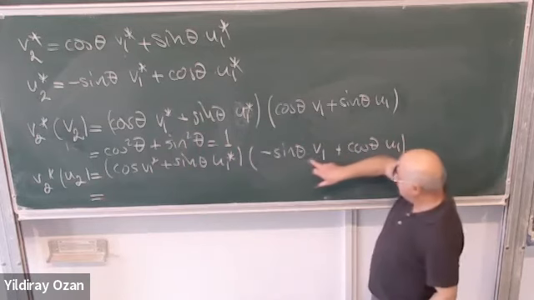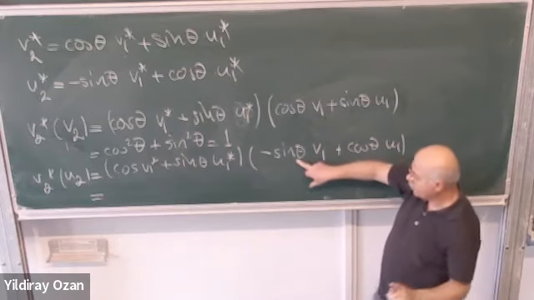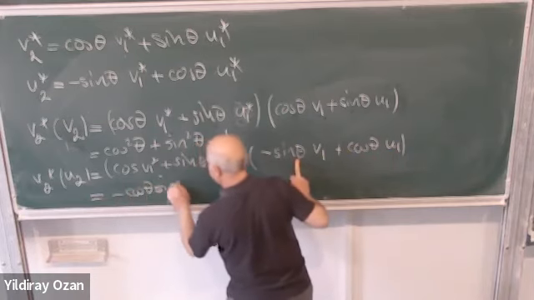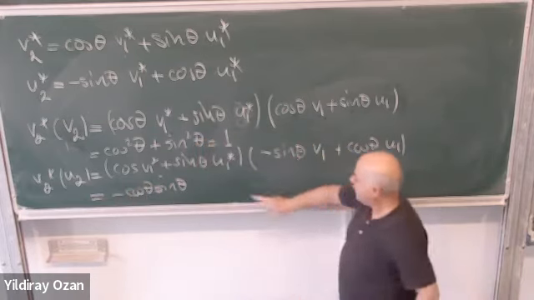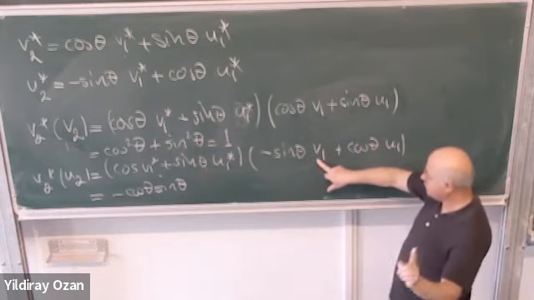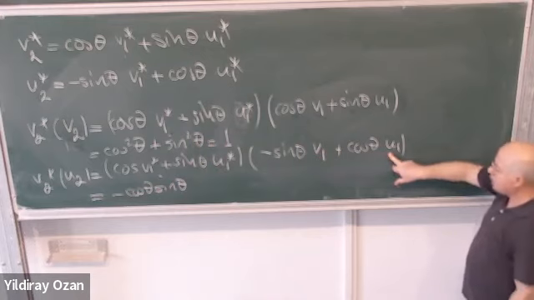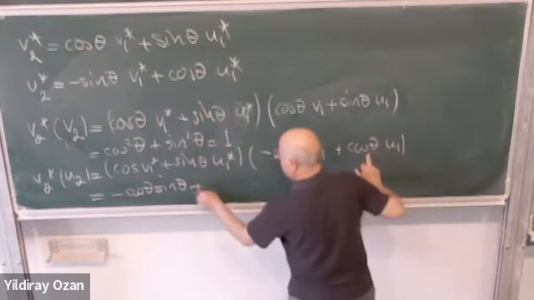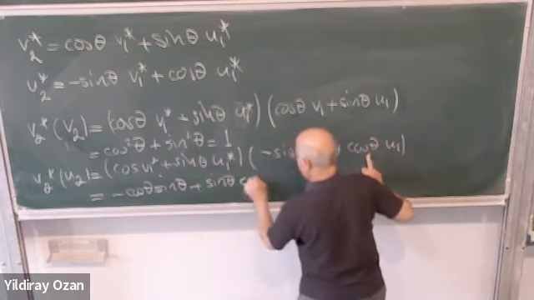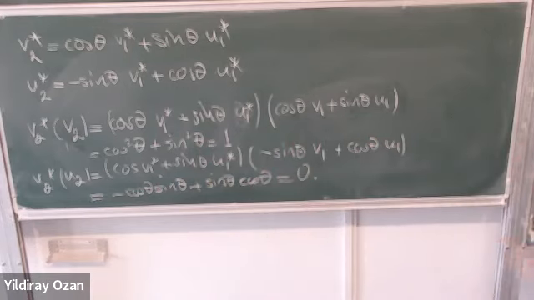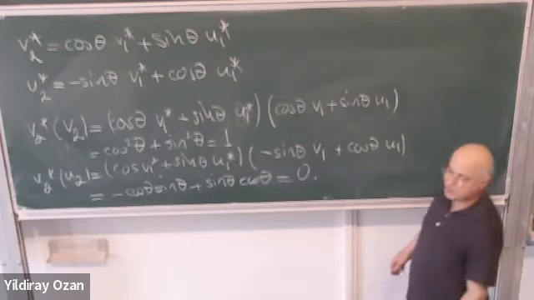This guy eats, this guy gives us 1. What are the coefficients? Minus cos theta sine theta. Plus this guy eats, this guy gives us 0. When it eats, this guy gives us 1. What are the coefficients? Sine theta, cos theta, equal to 0. Okay? So these are the right basis elements.